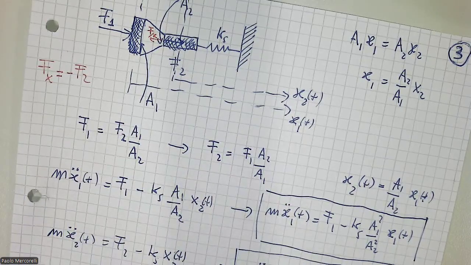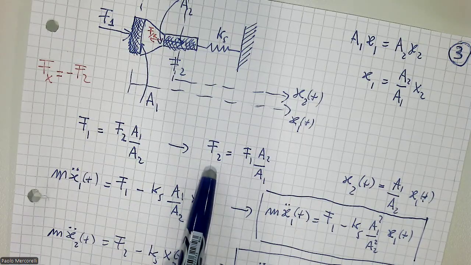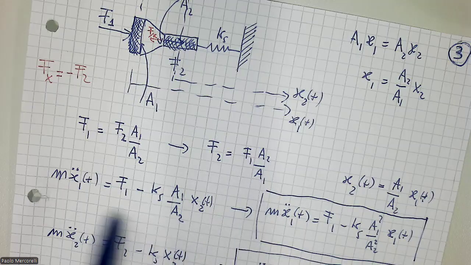If the question is, please express the dynamics of x2 as a function of F1, this means you have to calculate F2 as a function of F1, because this expression here is the dynamics of x2, but as a function of F2.